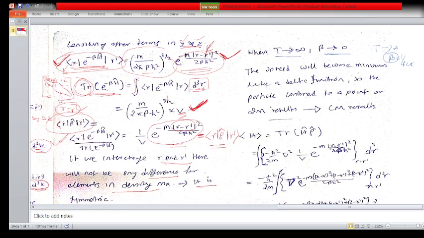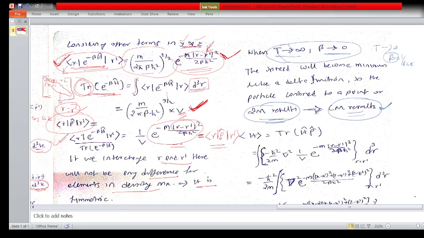So what is happening is the quantum mechanical result will be converging into the classical mechanical result, because in quantum mechanics we have that spreading, uncertainty in finding the position, but in classical mechanics you can find the particle at the exact position. So the quantum mechanical result shifts towards classical mechanics in the limit when t tends to infinity.